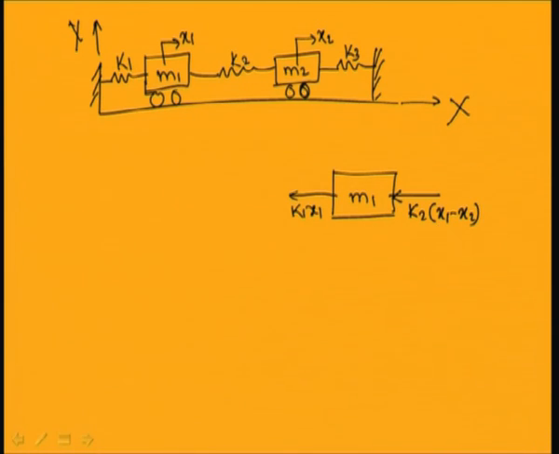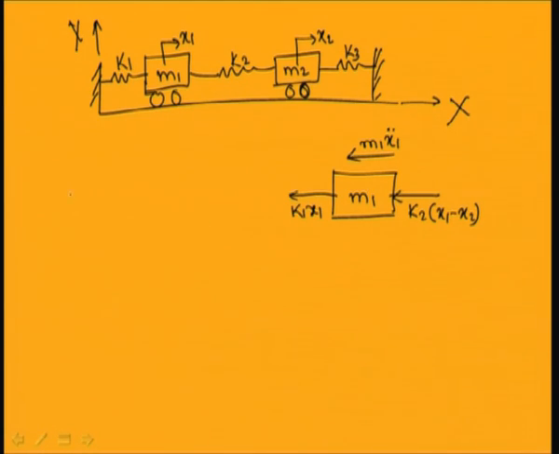In addition to these two spring forces, the other force acting on the mass is the inertia force. As you already know, it is opposite to the direction of acceleration, so it is m1 x1 double dot, acting opposite to the direction of motion. So, the summation of all the forces will be equal to 0.